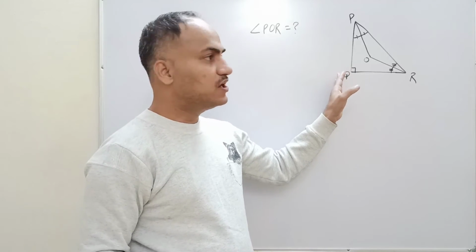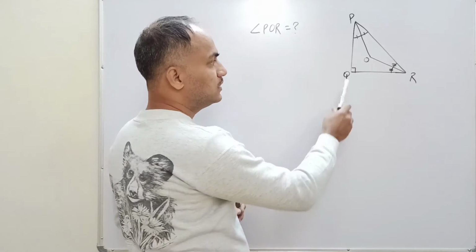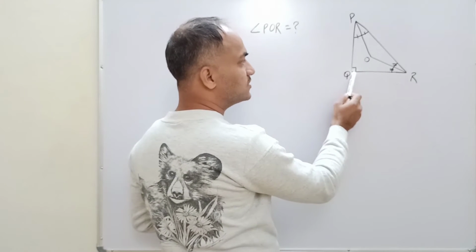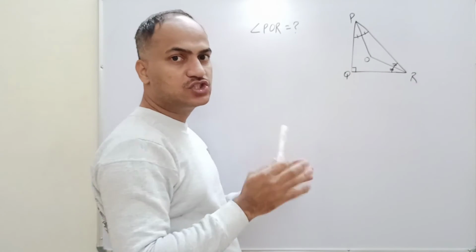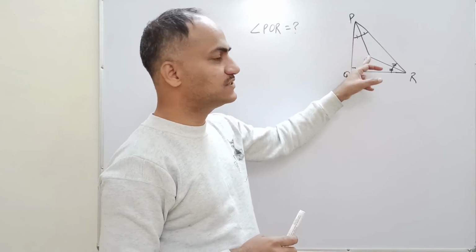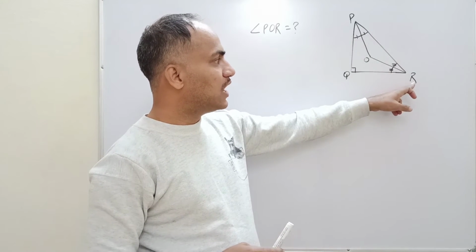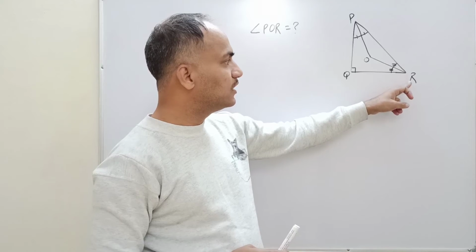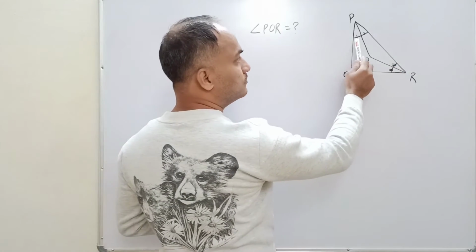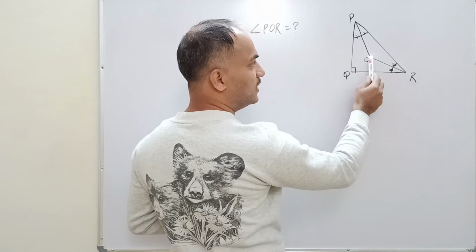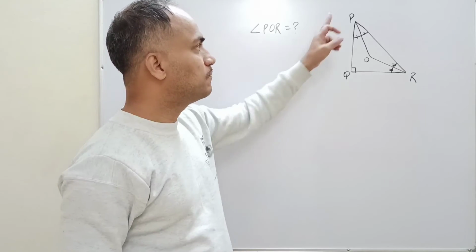In this question we are given that a triangle is right angled, and leaving this angle, for the other two angles, angle P and angle R, we have drawn the angle bisectors. So PO is the angle bisector for angle P and RO is the angle bisector for angle R. Now we see that these two bisectors meet at point O, and we have to find the value of angle POR.